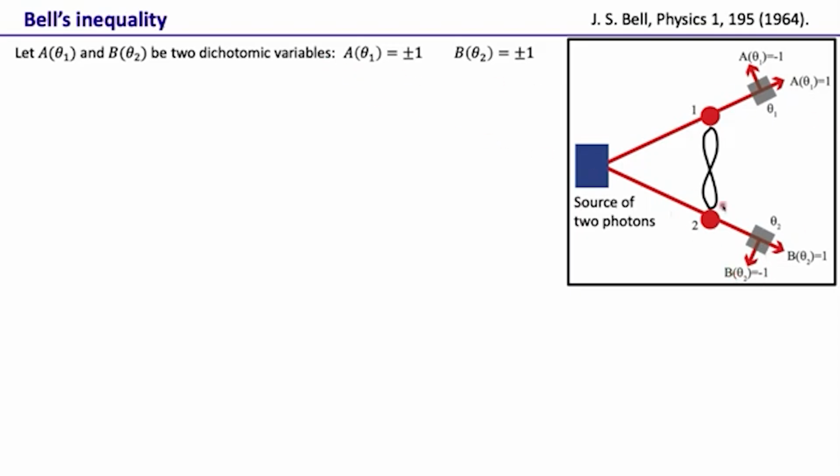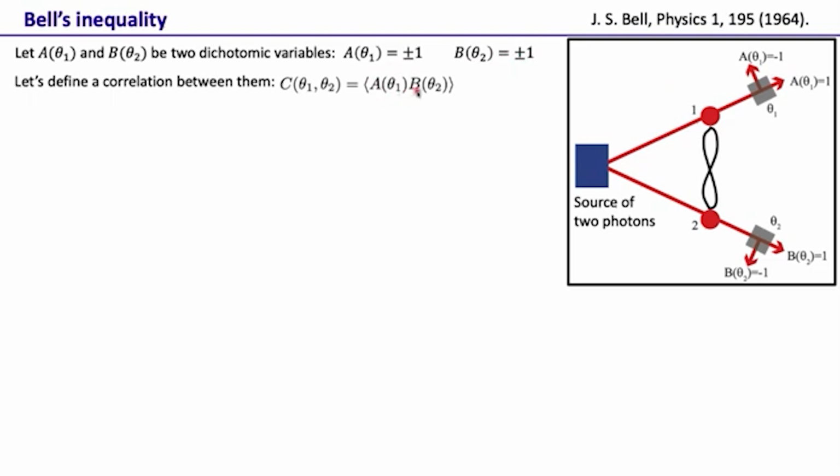So that's the experiment. Okay, now for this experiment, let's define a correlation between these two variables. It's a simple correlation, the ensemble average of A theta 1 times B theta 2. So we put a polarizer at theta 1, put a polarizer at theta 2, and then we do a lot of measurements. In each measurement, of course, A can only take plus or minus 1, B can only take plus or minus 1.